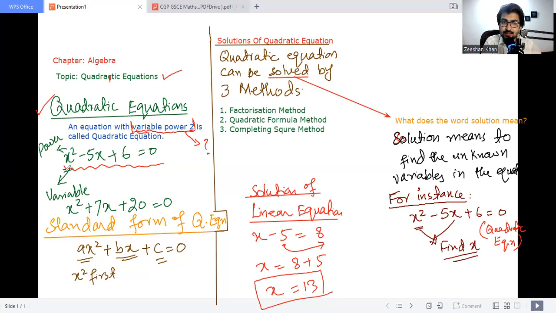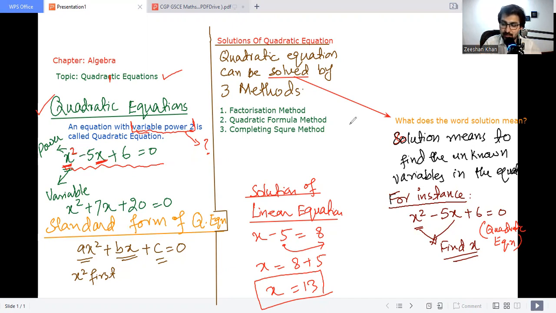In this case, x is the variable. This x is also the variable. And that power, you can see at the top, this number, this is called the power. Now, you can see the maximum power of this variable is 2. So when the maximum power of the variable is 2, we call that a quadratic equation.